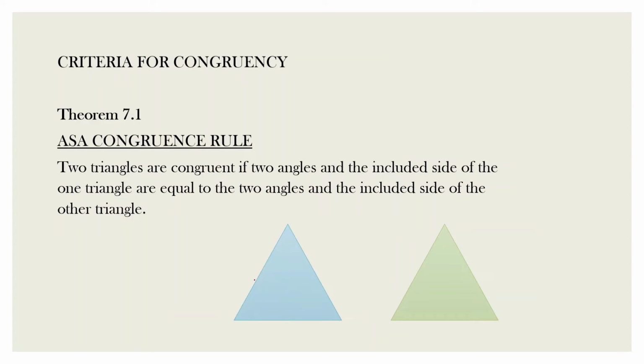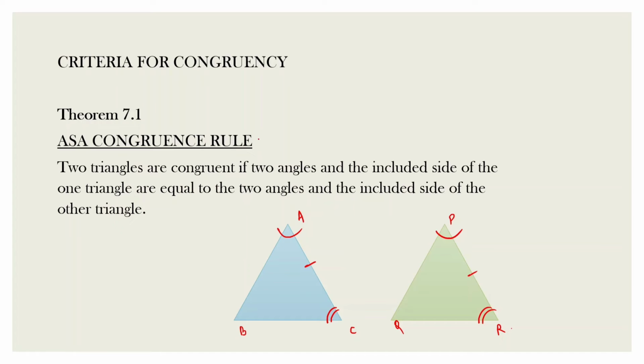Theorem 7.1, ASA congruency rule. Two triangles are congruent if two angles and the included side of one triangle are equal to the two angles and the included side of the other triangle. In triangle ABC and in triangle PQR, if side AC is equal to side PR, angle A is equal to angle P and angle C is equal to angle R, we could see that two angles are equal and one included side is equal.